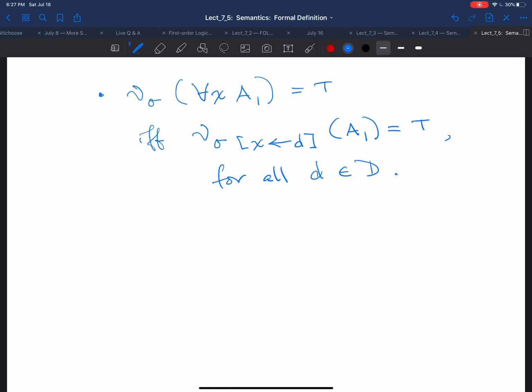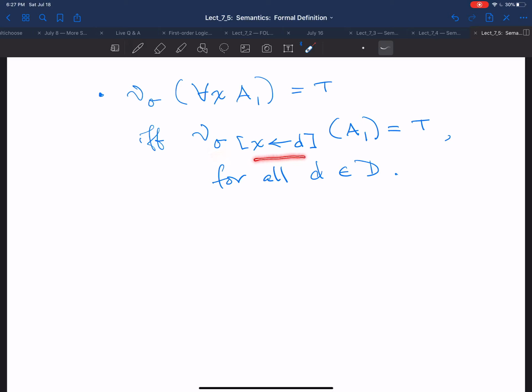Okay? So in other words, the universally quantified formula for all x A1 has the truth value t if and only if A1 has the truth value t, no matter how we reassign the domain element that x denotes. And when we do this reassignment, of course, we leave the other variable symbols alone. They are simply assigned to the domain elements that the original assignment sigma assigned to them.